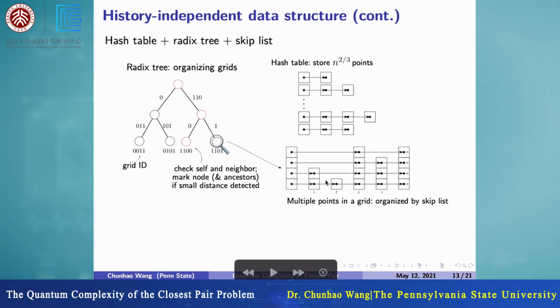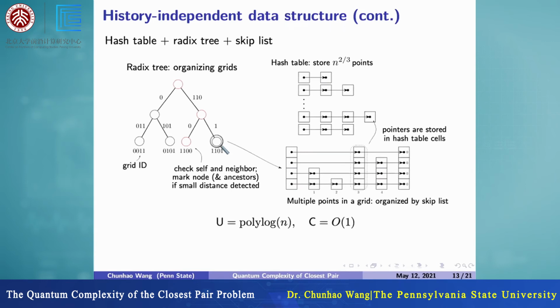By using the skip list, we can quickly locate a point in a grid. So by the combination of the radix tree, hash table, and skip list, there are of course more complicated details behind this data structure, but the rough idea is these three components. Using the combination of the three, we get the desired update time and checking time.